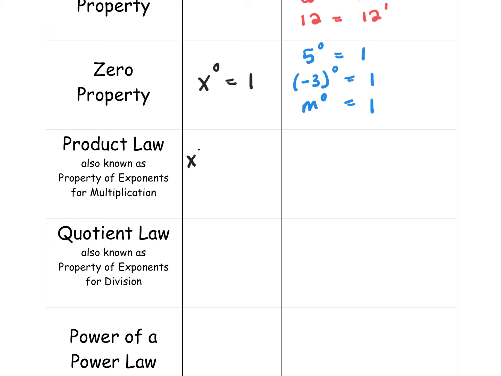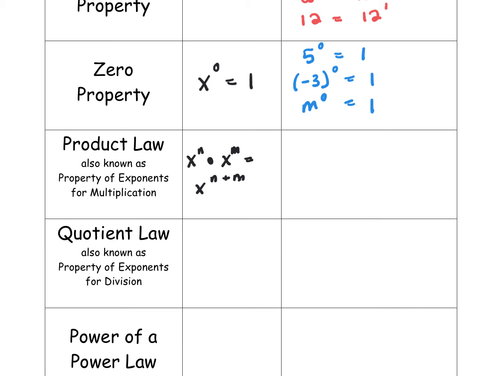If we had a number that was raised to the nth power times, that's where the word product comes in, a number raised to the m power, we could take the two powers, n plus m, and we could combine them into one expression instead of having two separate bases with powers. We could combine them into one, so it helps us simplify.